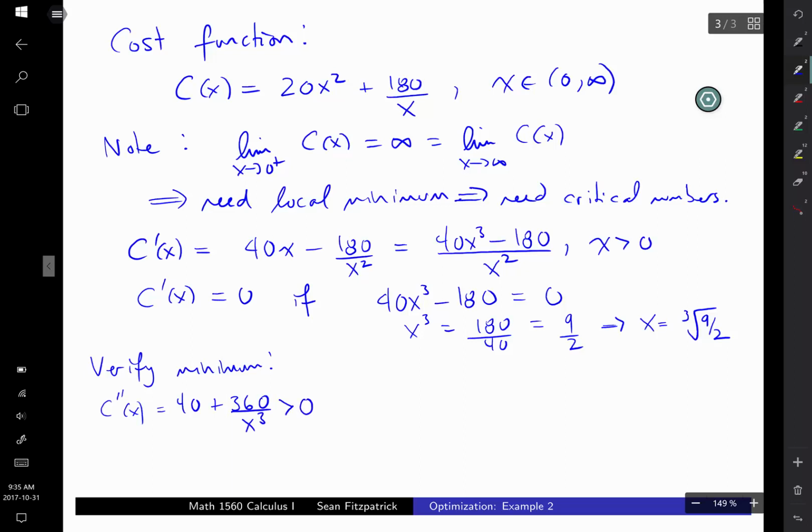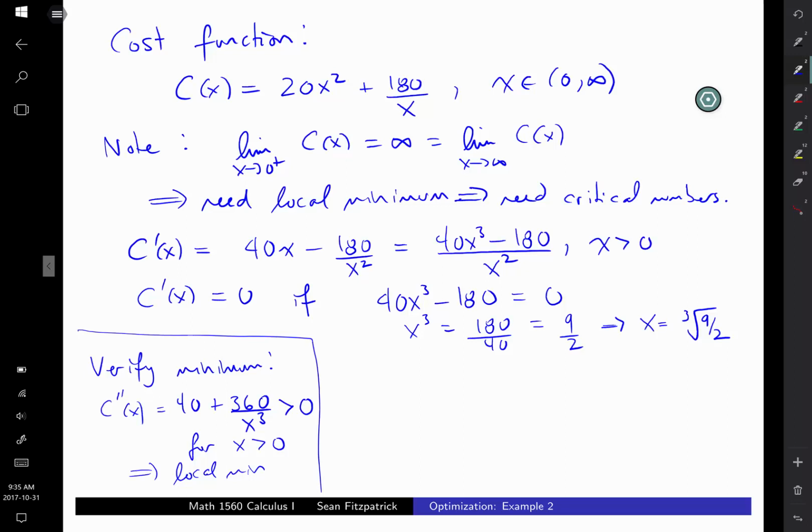And that's definitely bigger than 0 for x bigger than 0. And that tells me, using the second derivative test, that I do have a local minimum. Okay, so we found the minimizing value, so we know that x equals the cube root of 9 over 2.